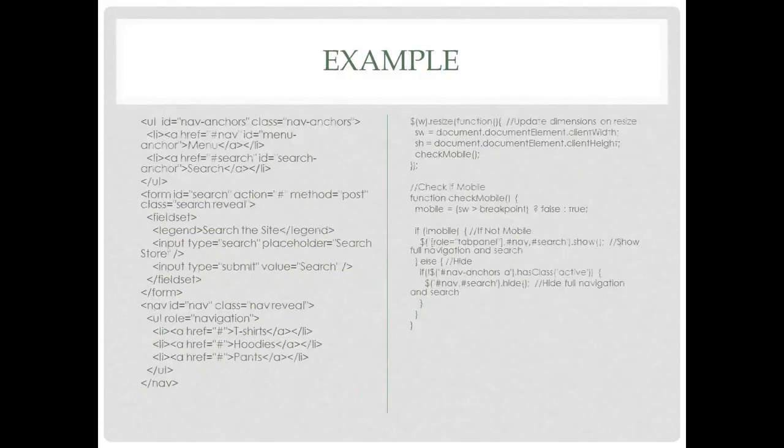The example goes like this. We have a nav anchor, and it has menu and search options, so we have a menu bar and a search bar. We have a JavaScript listener called resize, which will find the client width and height and check whether it is mobile. SW will capture the client width and H will capture the height, and we are calling the check mobile function.